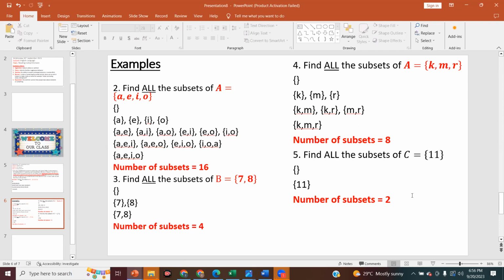Completely wrong. All right, are we ready for the graded exercise? For the graded exercise, I'm also going to ask you to tell me the number of subsets. So make sure you include the number of subsets.